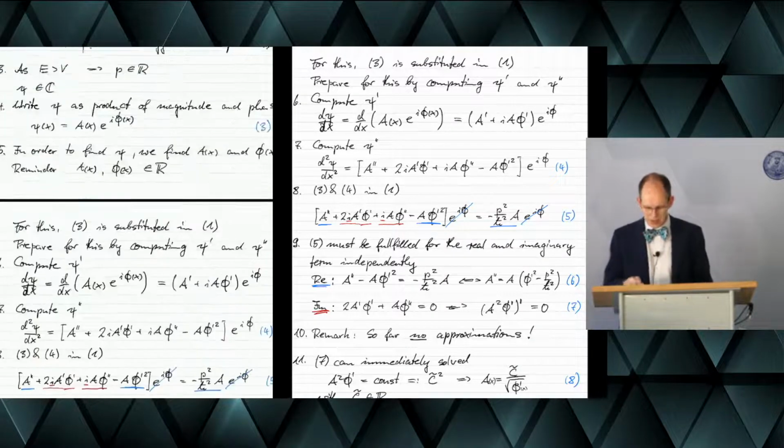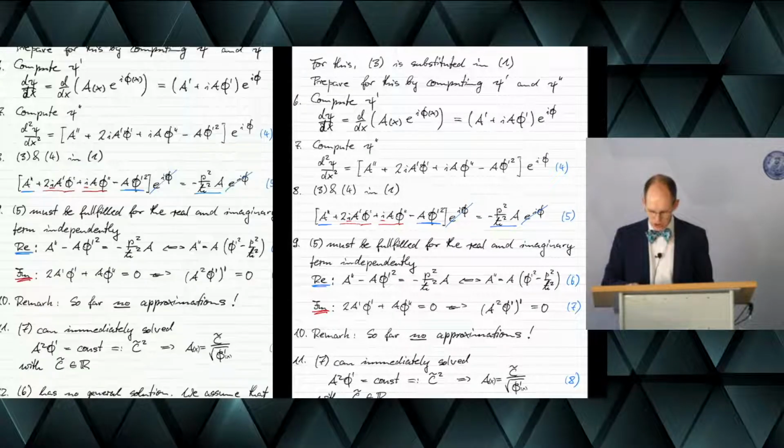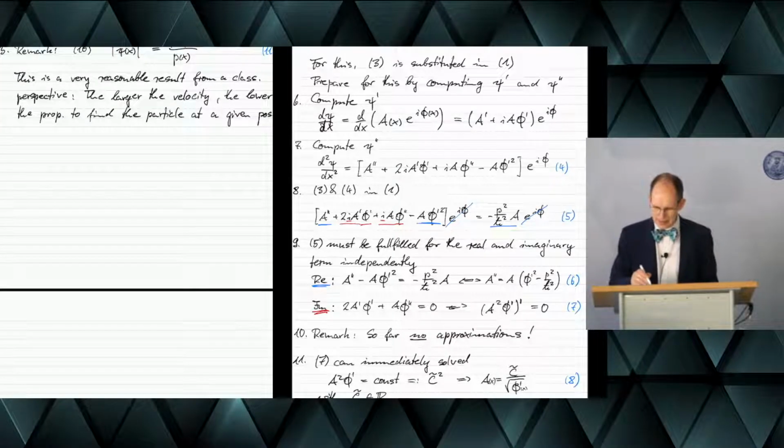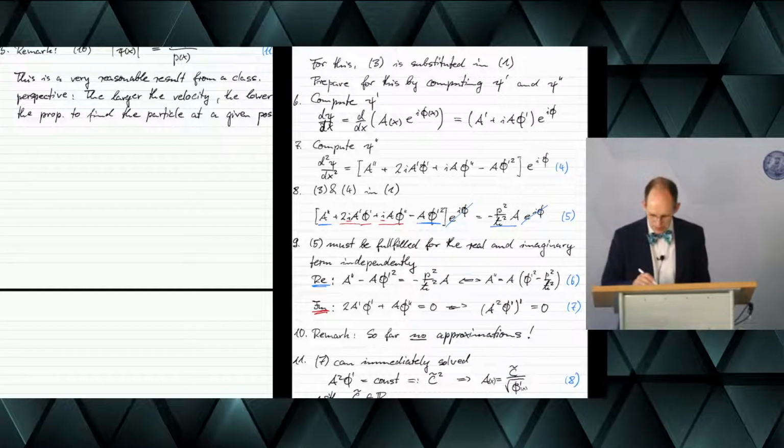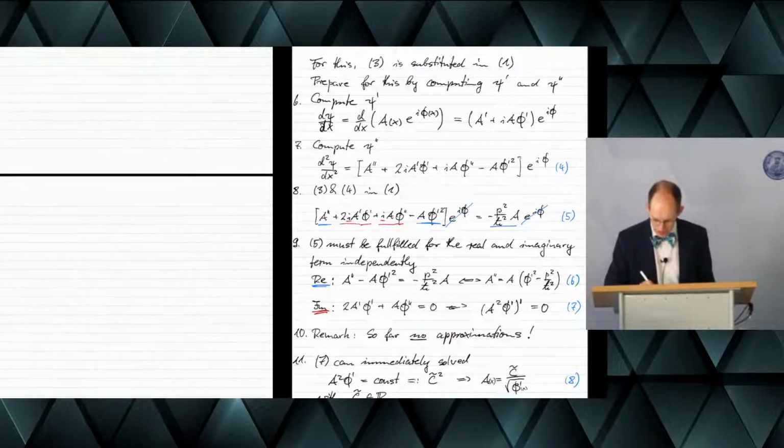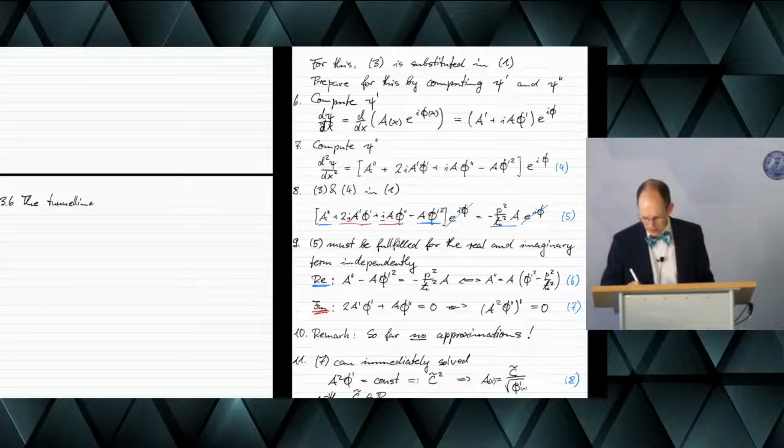So now I just need to remember which number we are at. We are at chapter 3.6. Should I start a new page? Let's start a new page. So 3.6, the tunneling region, meaning that the energy is smaller than the potential.